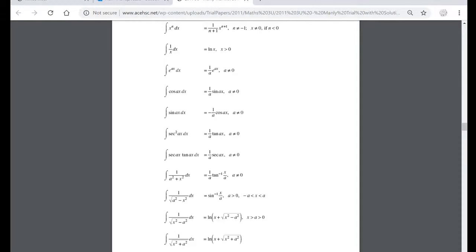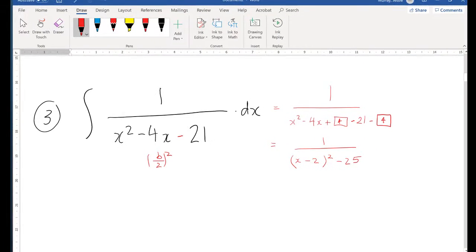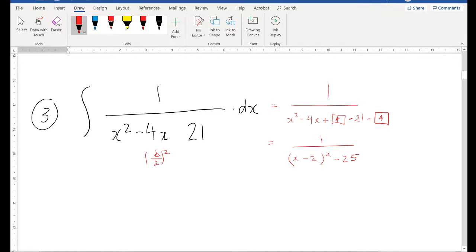This isn't working out. I should have checked this. No, let me change the question again. Sorry. Let's go, instead of minus 21, let's do 12. Yep, let's do 12.